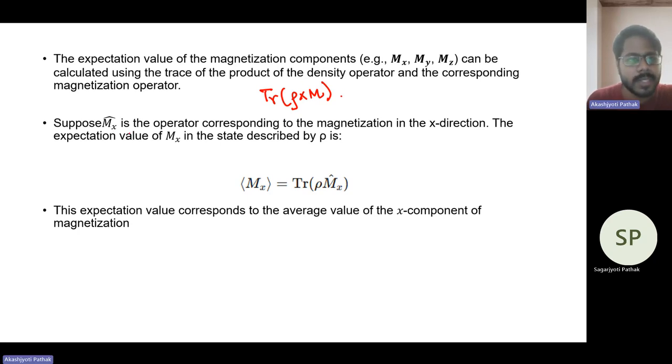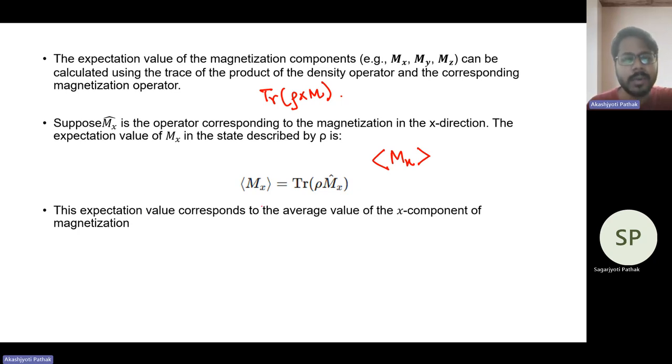Suppose Mx is the operator corresponding to the magnetization in the x direction. The expectation value of Mx in the state described by rho, which we indicate using this symbol, will be given as the trace of the product of the density operator rho and Mx.